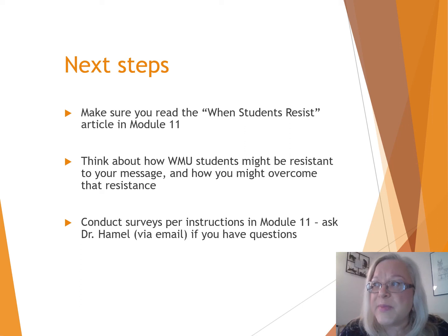And that resistance might not only take the form of a reaction to the subject matter, but it might also be a concern whether these courses fit into their curriculum or whether they'll be able to graduate on time and things like that. So think about all the forms of resistance that you might face with students and how you might devise a message to overcome those kinds of resistance.